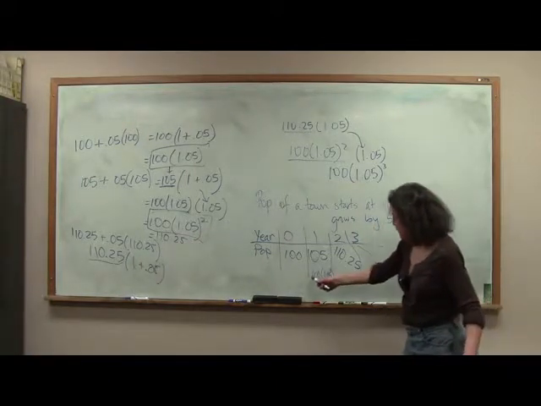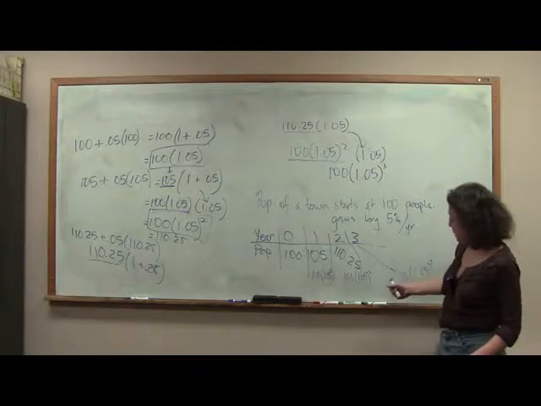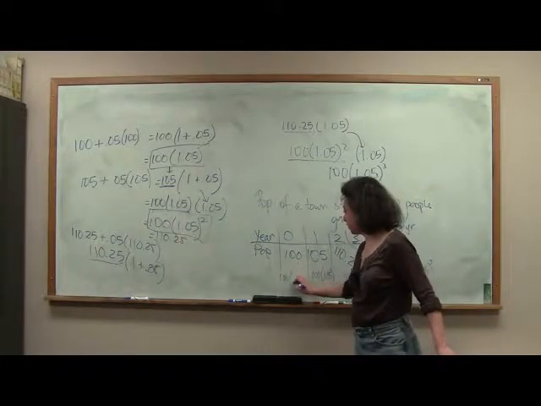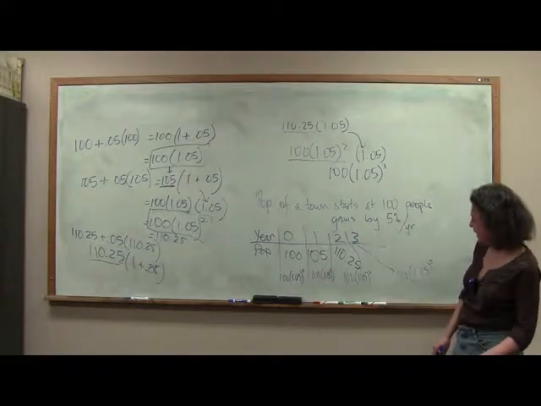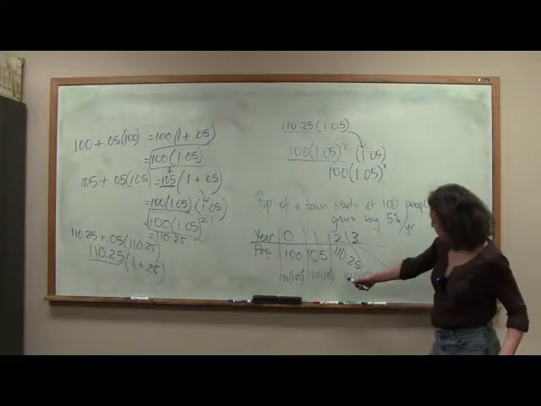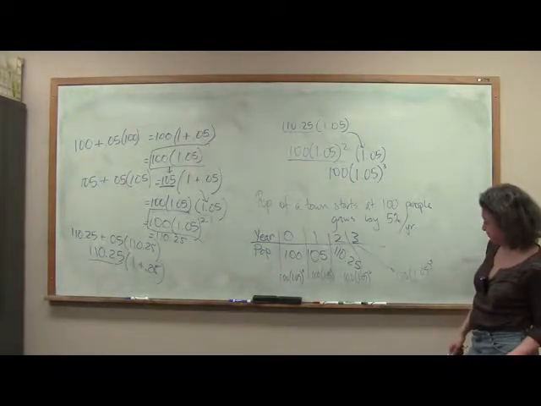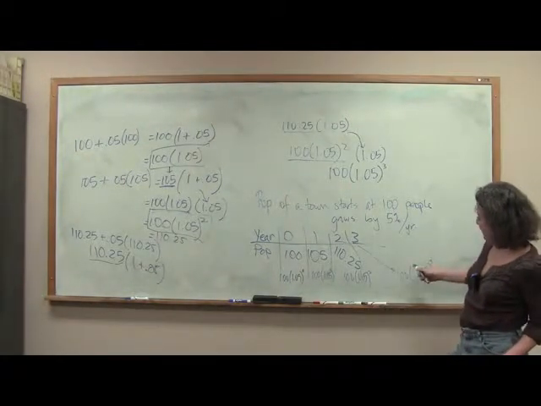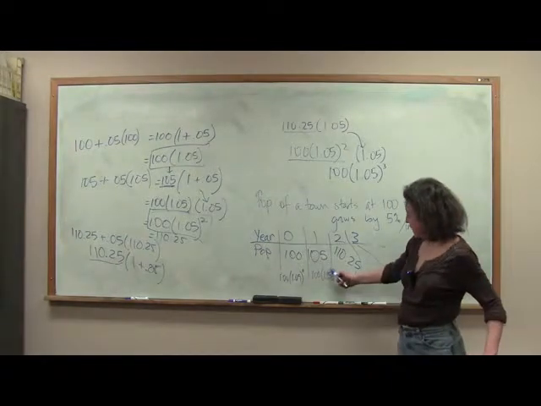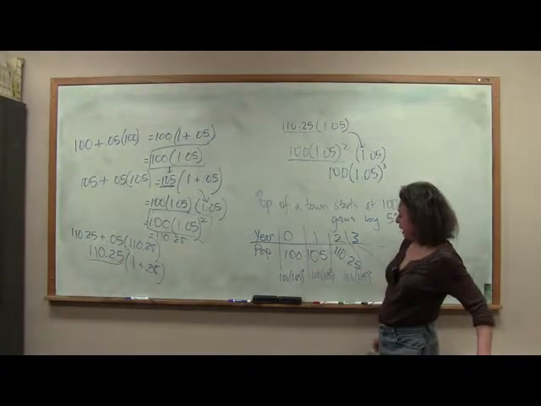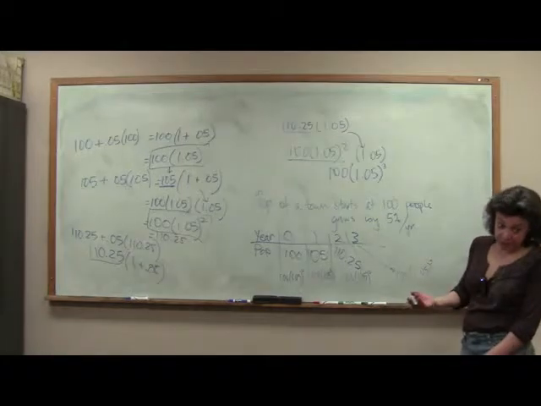Okay? Notice 100 appears. We could write this, by the way, as 100 times 1.05 to the 0 power. Okay? So notice the number in front here is my initial population. Notice that the exponent is the number of years after which we compute the population.